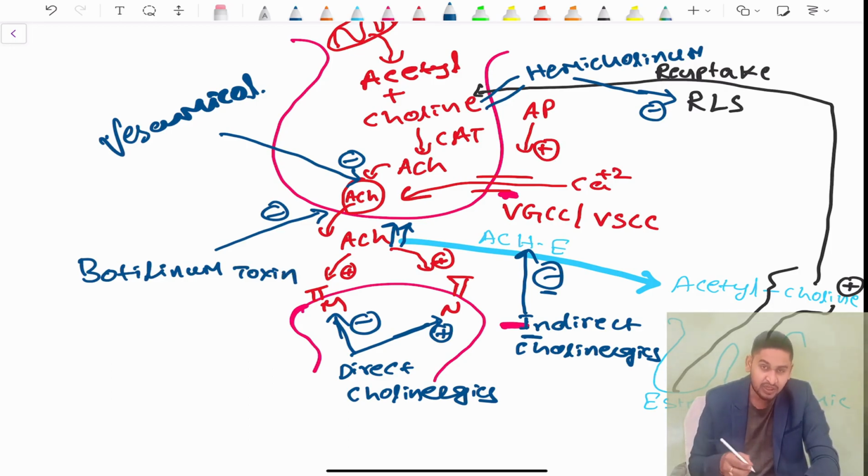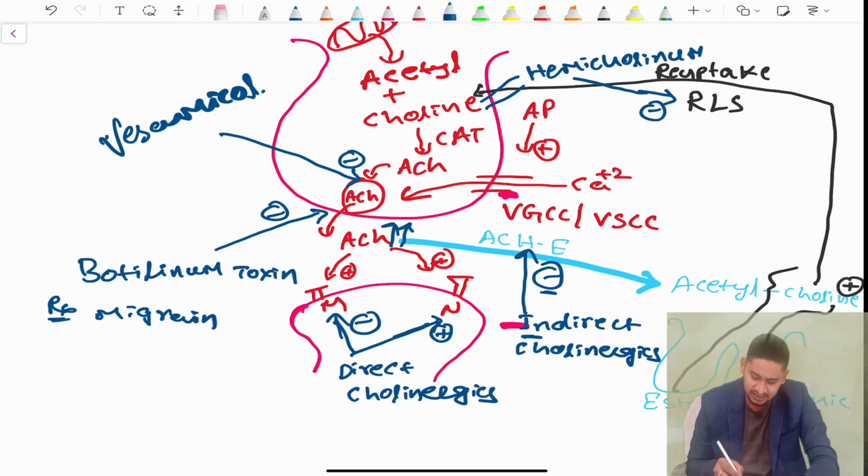That botulinum toxin is particularly used in migraine. In migraine, it has a mechanism where it is decreasing the calcitonin gene related peptide concentration.